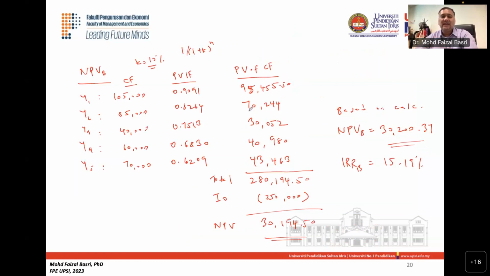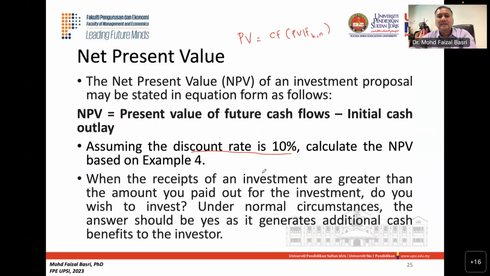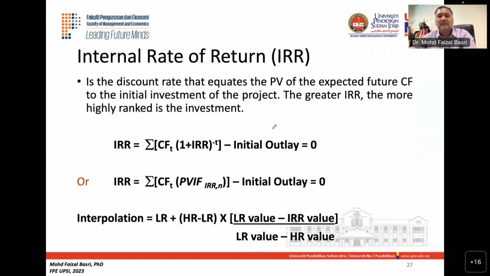So we can use manual calculation to get net present value. This is for project B, yeah. But how to calculate internal rate of return manually?